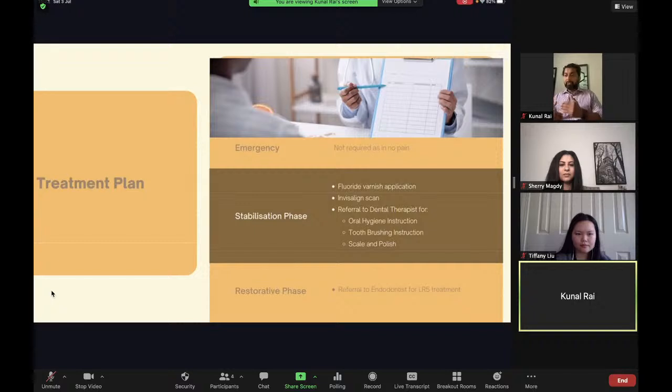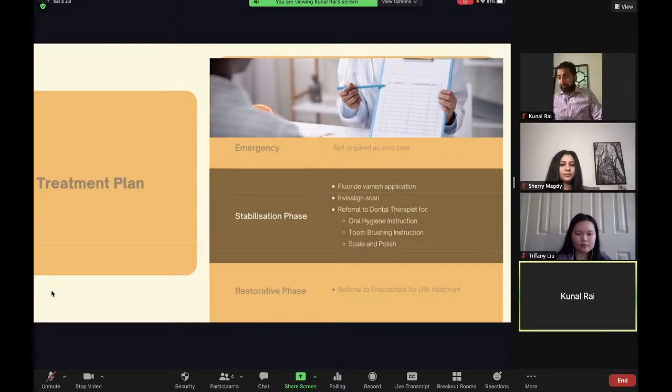The next step was to get that biology, the foundation, strong. So we did a scan, we referred him to the dental therapist for some oral hygiene instructions, tooth brushing instruction, and a good clean of his teeth. The next stage was to get rid of that infection, because we don't want to do anything elective until the foundation is strong.